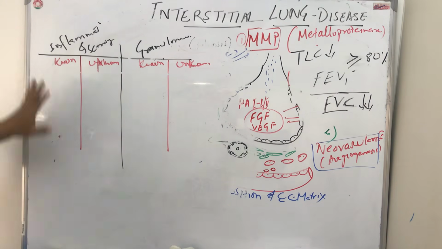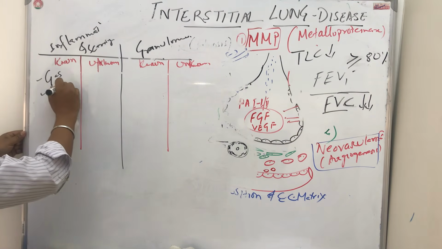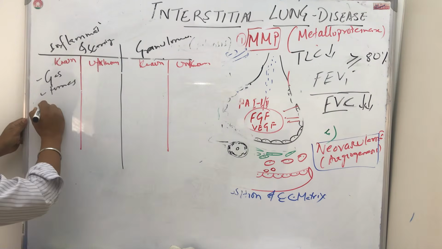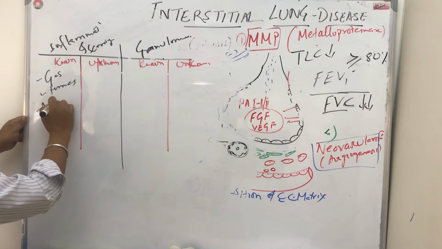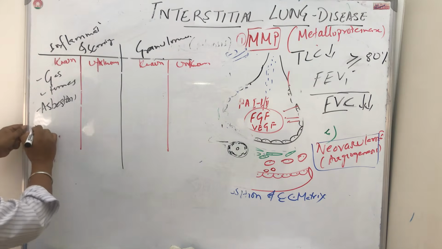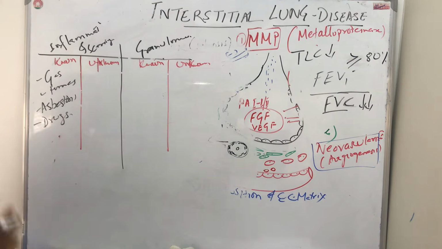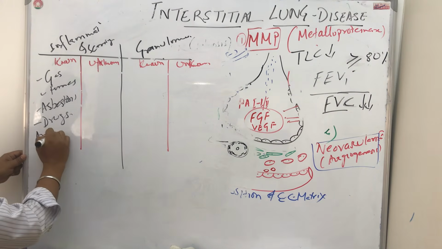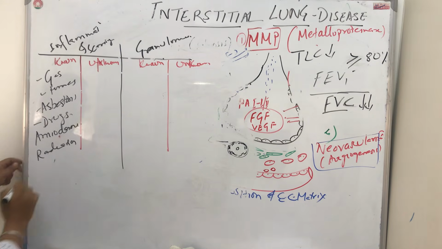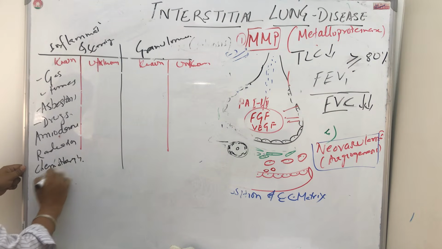When you go for known causes, it is all the gases, fumes, and asbestosis. These come into the known causes, and particularly drugs. The drug that most commonly comes in MCQs and many other exams is amiodarone. And then radiation, chemotherapy drugs, gold.